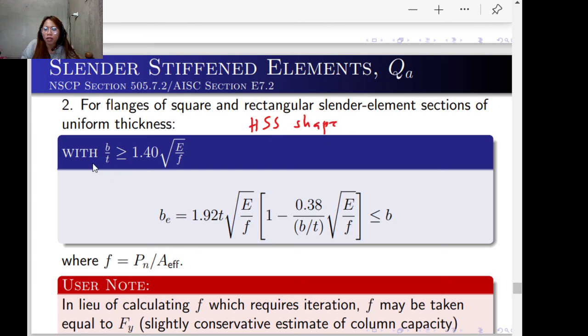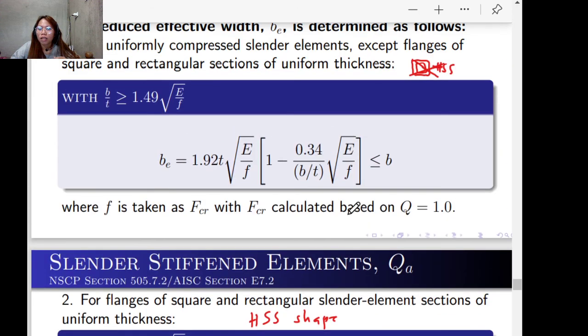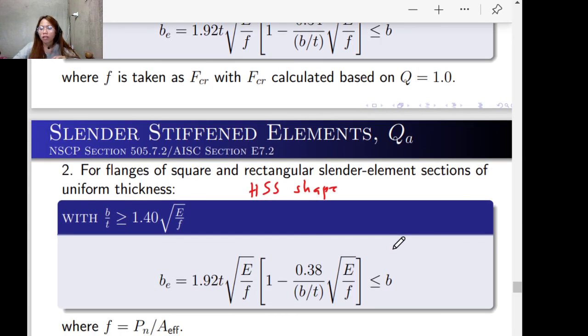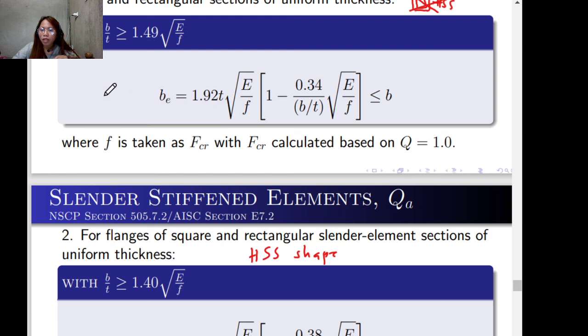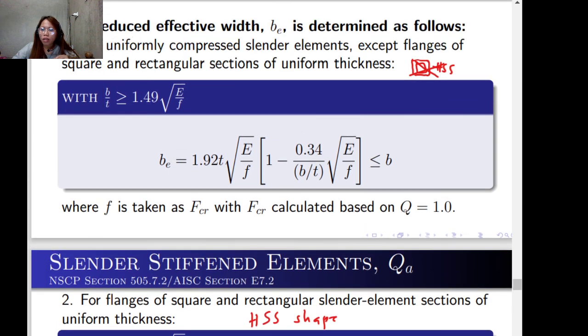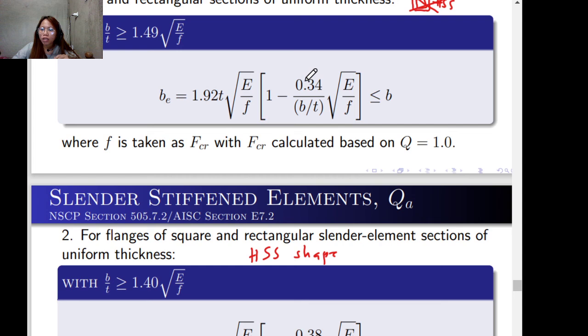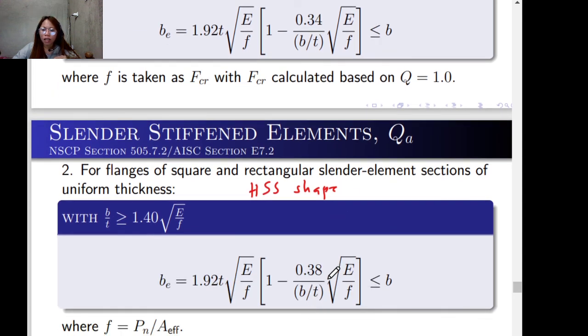HSS shape, if b over t is greater than or equal to 1.40 square root of E over f, b sub e is equal to 1.92 t square root of E over f, almost the same formula as the number 1 condition, but the numerical values now is, for number 1 is 0.34 and for number 2 is 0.38.